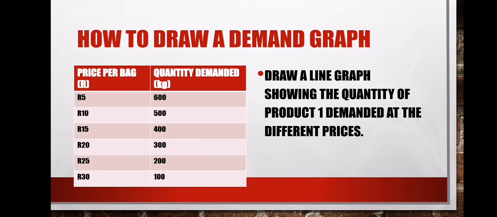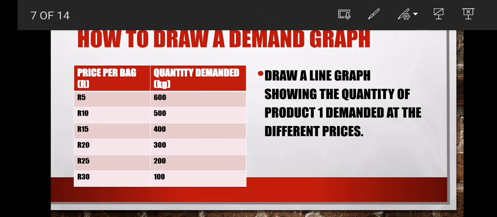Let us take note of the fact that they can also say, draw a demand curve. If they say draw a demand curve, they will give you the data in a table form. Here's the data that we have.